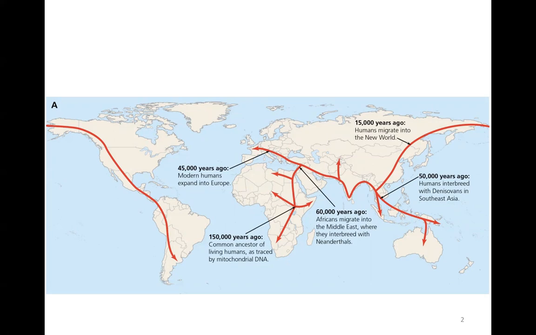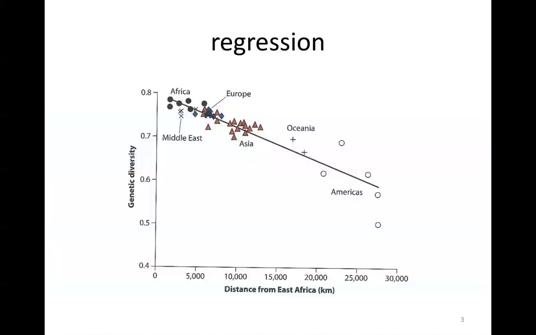approximately. And we know this based on the archaeological record, but also based on genetic data, where people have realized over the last 10, 15 years that if you go further away from Africa, genome-wide genetic variation tends to decrease.